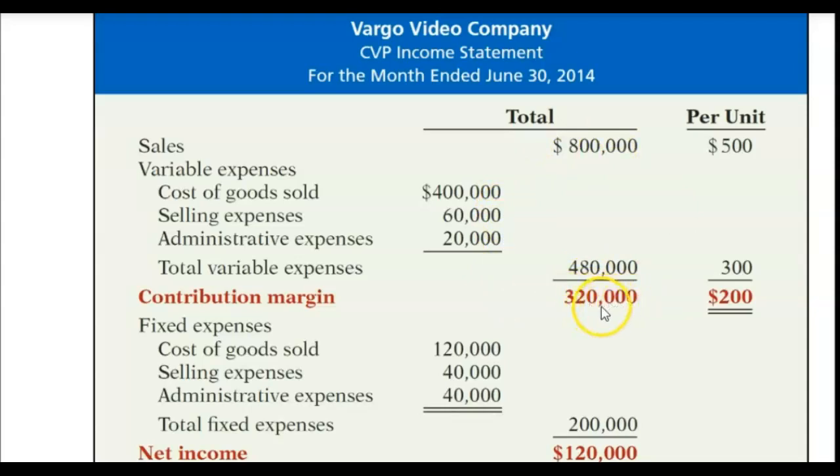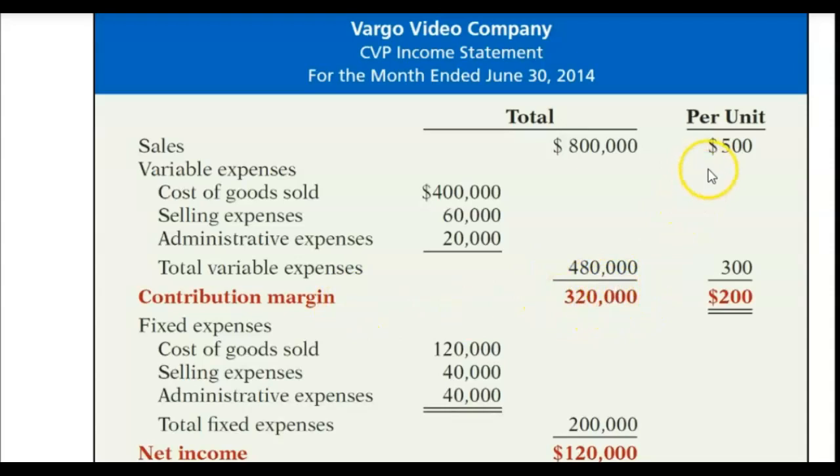Now this contributes to the fixed costs. So I have 320, and these are my fixed costs, and I only have 200,000 of fixed costs, therefore my profit is 120,000. So now the terminology, when I talk about contribution margin, I'm talking about in total.